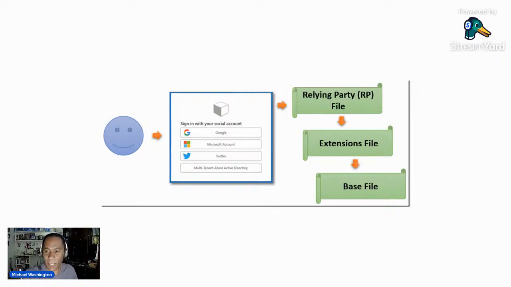When a person logs in, we're always targeting the relaying party file, and that's the one that indicates whether or not we're going to allow Google logins, Microsoft logins, Twitter logins, or multi-tenant Azure Active Directory logins. That's all triggered by the relaying policy file.